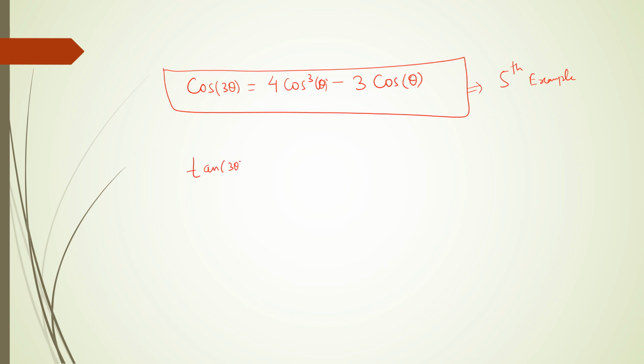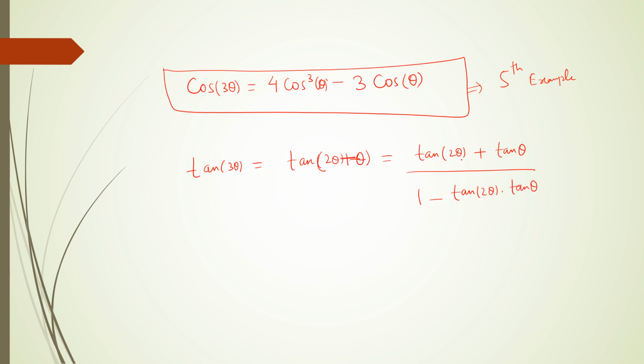Tan 3 theta we will just break it in the same fashion. Tan of 2 theta plus theta. So it would be tan A plus tan B upon 1 minus tan A tan B, that is tan of 2 theta plus tan theta upon 1 minus tan 2 theta into tan theta.